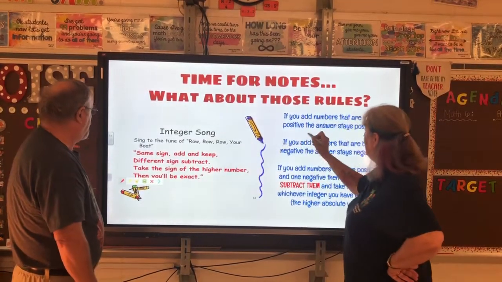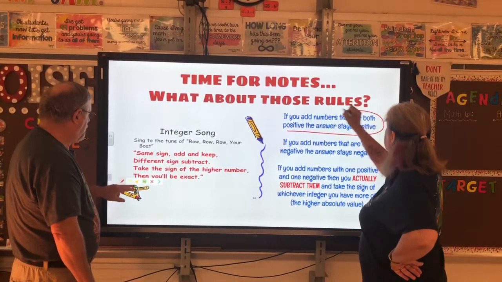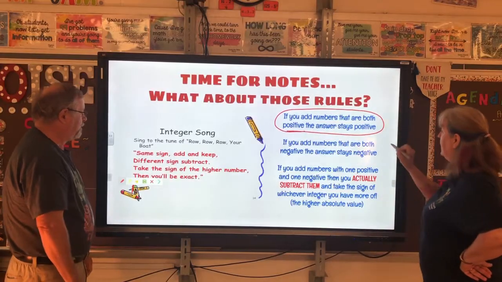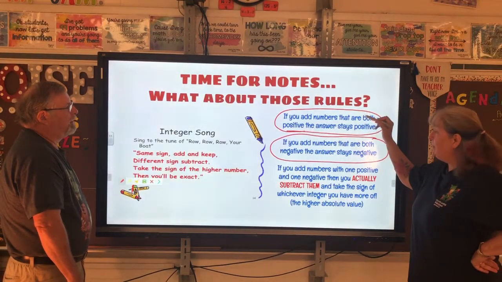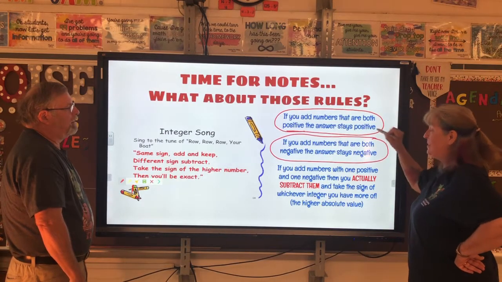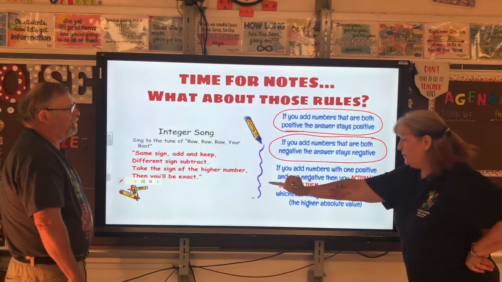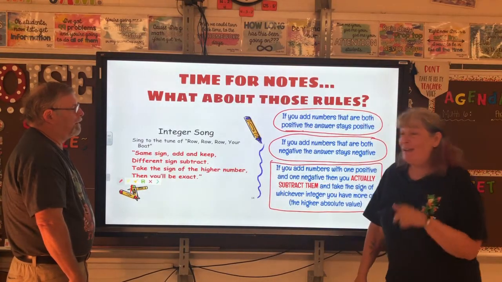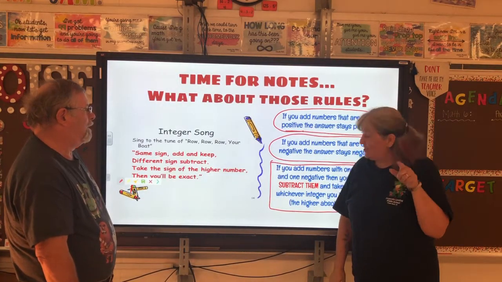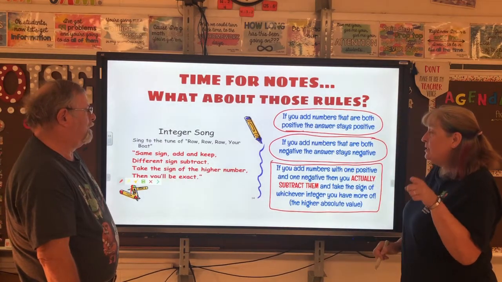Same sign, add and keep. So if you add 2 positives, your answer is positive. If you add 2 negatives, your answer stays negative. Same signs, add and keep the sign. But if you have different signs, you're actually subtracting.